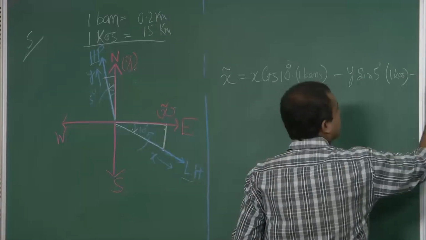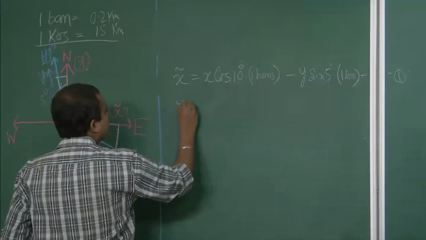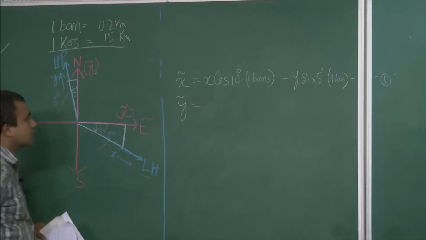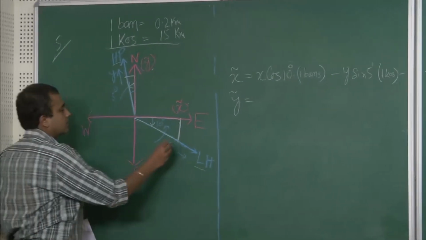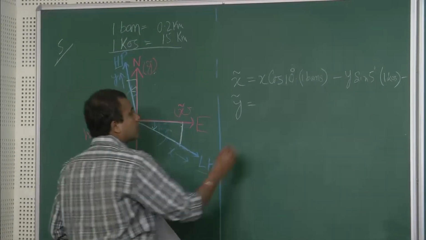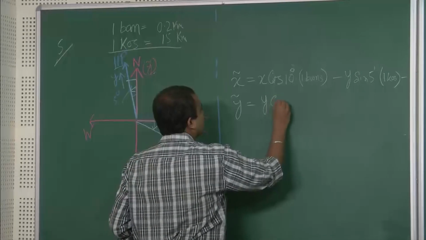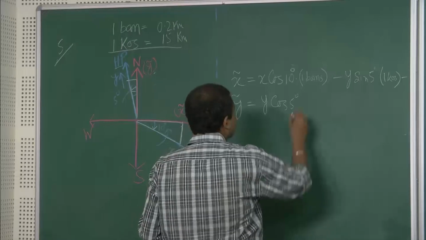Let us say this is equation 1, and we write the same way y tilde. We are deriving that equation from this figure. These two triangles, using simple trigonometry, give y cos 5. These are in degrees, remember, not in radians.